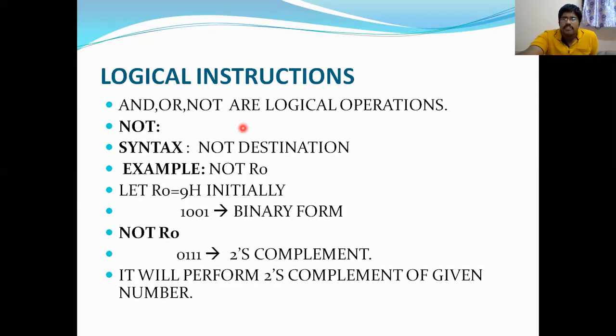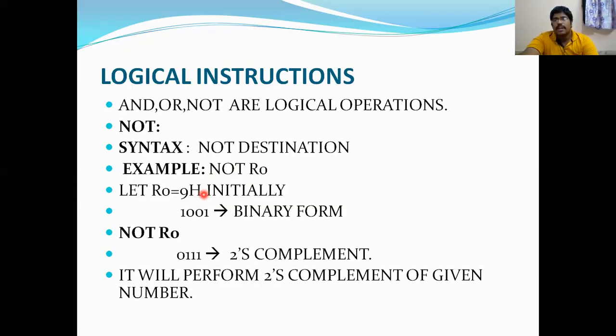If I write NOT space R0, here R0 is the name of a register. Suppose the value of R0 is 9H, where H indicates a hexadecimal number. I think you are all familiar with the binary, octal, decimal, and hexadecimal number systems. So 9 is a hexadecimal number here.